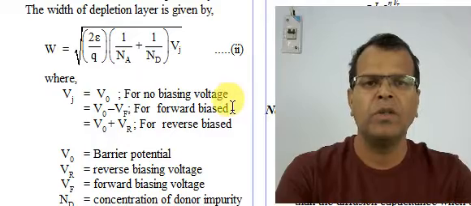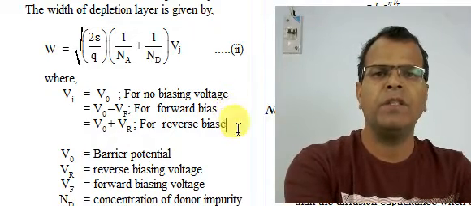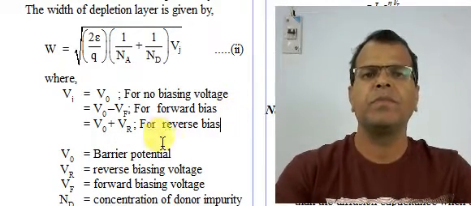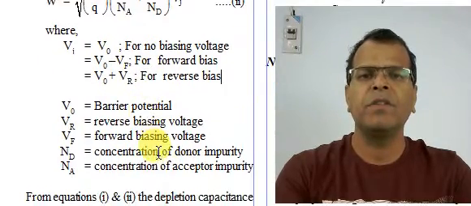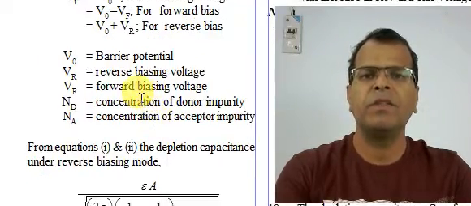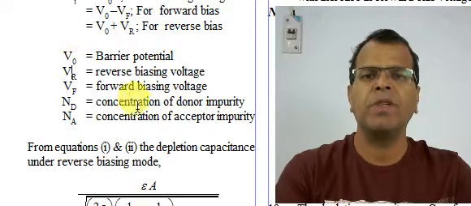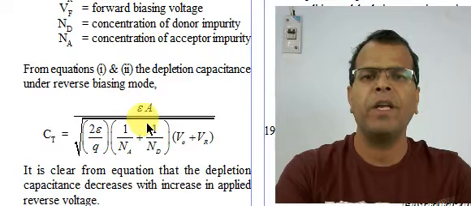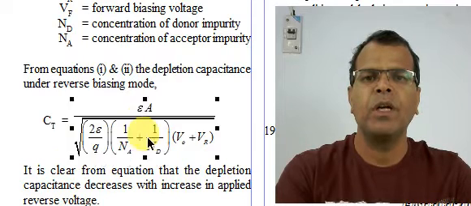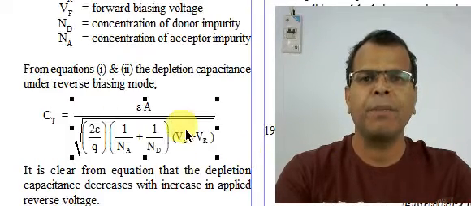So when it is forward biased, the biasing voltage is Vf. When it is reverse biased, the biasing voltage is Vr. Capacitance will definitely be inversely proportional to the width of the depletion layer, so I have put that expression here in the expression of capacitance.